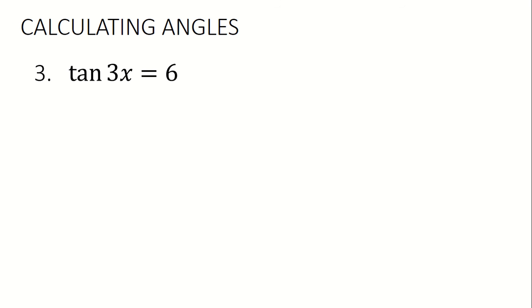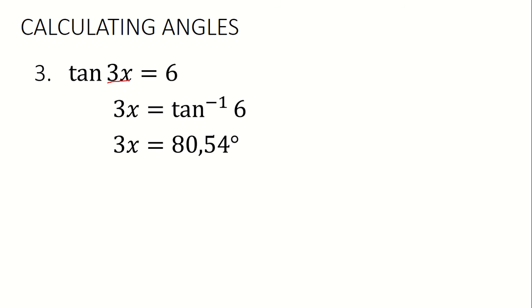If I have tan of 3x, 3x is my angle. For me to solve for 3x, 3x will be equal to arctan of 6, and arctan of 6 is simply 80.54. Please note that 3 is attached to x.